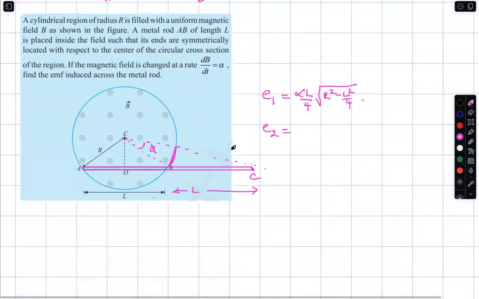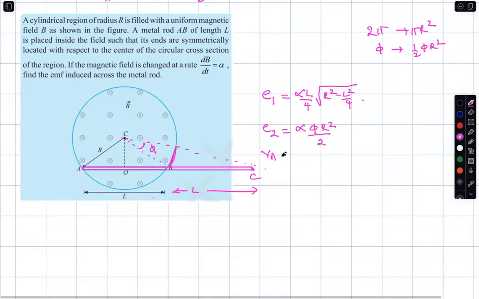What about the second EMF? What is the angle described by this area? If it is 2 pi, you will have pi R square. If it is phi, how much area? It is half phi R square. So therefore, alpha times phi R square by 2. That is the EMF, and that is the total potential drop across the rod.